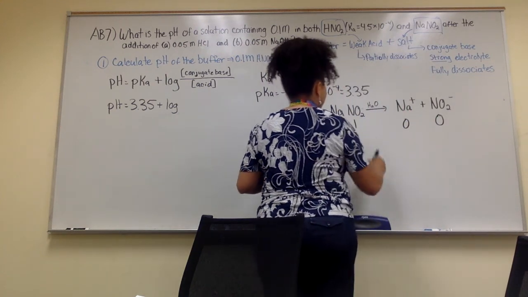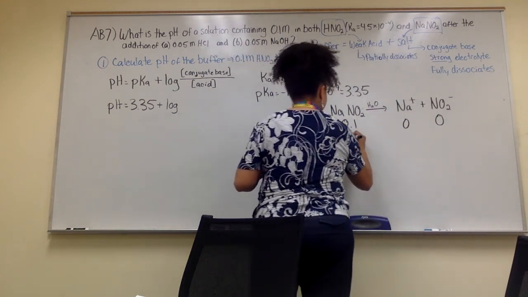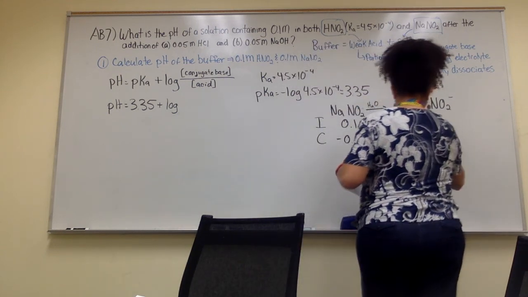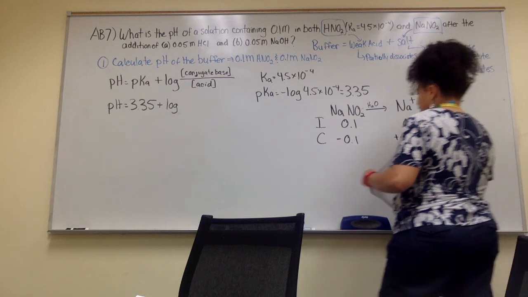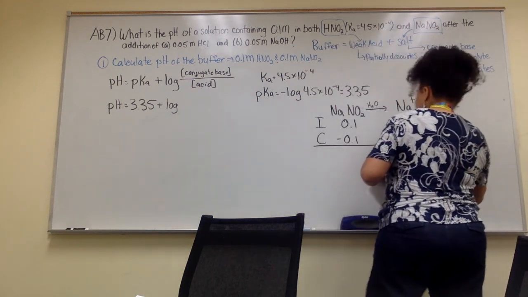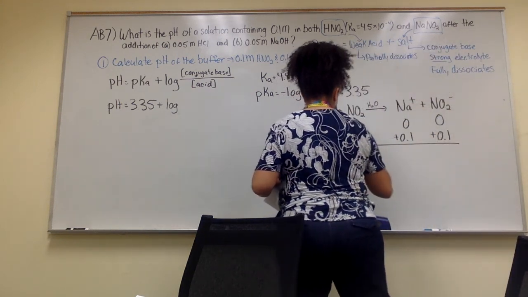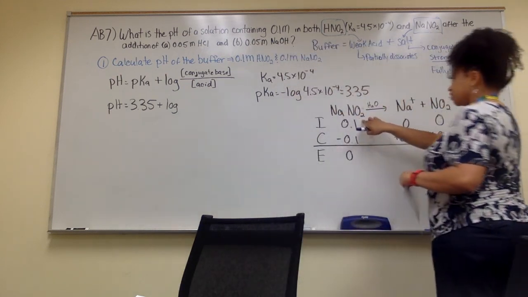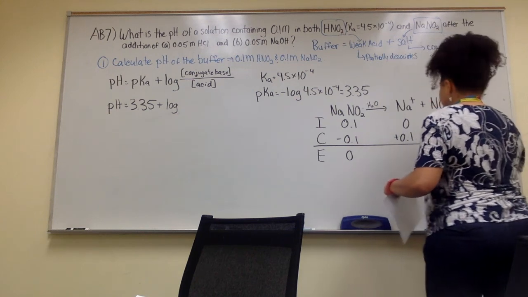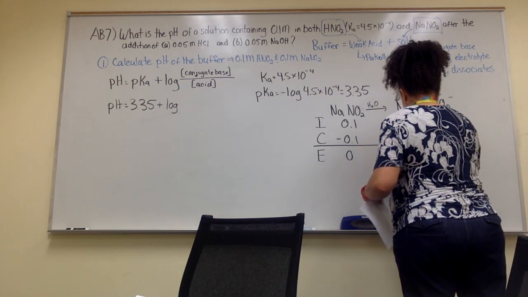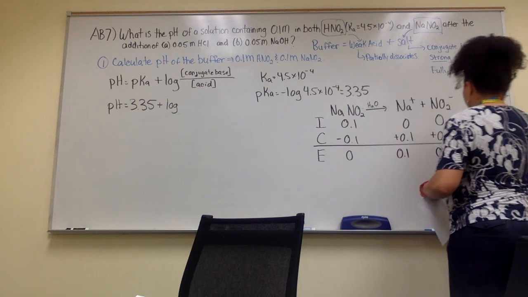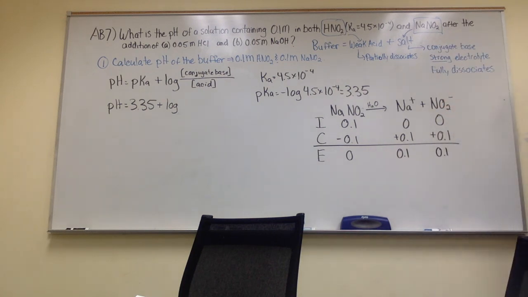The change is that this fully dissociates, so it'd be negative 0.1, plus 0.1 and plus 0.1, all the way across, which then gives us the equilibrium concentrations of 0 for the salt. It's not staying together. It's fully dissociated to give 0.1 molar of the sodium ion and 0.1 molar of NO2 minus.